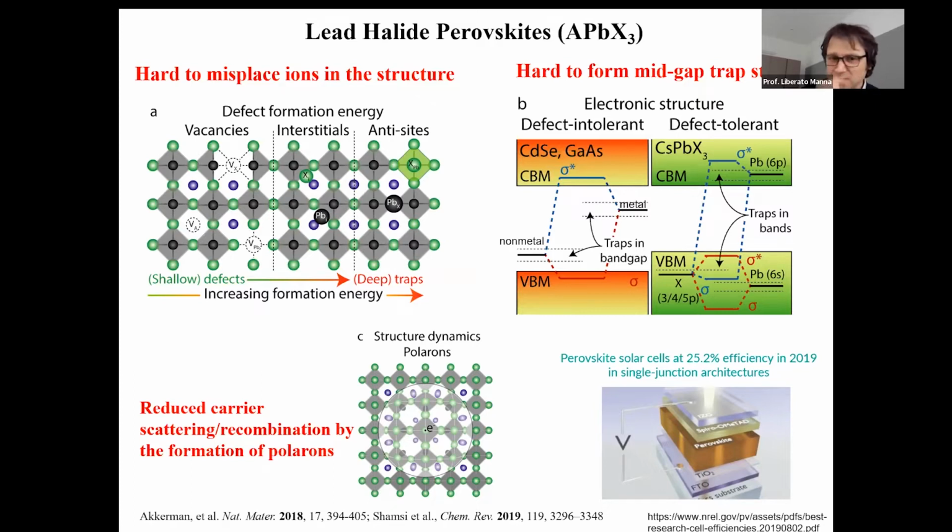Compared to standard semiconductors, as you see in panel B, the formation of vacancies leads to traps which are nested in the valence and conduction bands, so they are not so detrimental for the optical properties. Also, because of the formation of polarons in this structure, there is a reduction of carrier-carrier scattering, so the carriers live a very long time, and this is at the base of the high efficiency in solar cells.